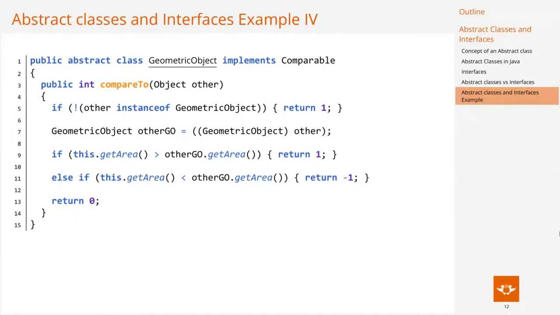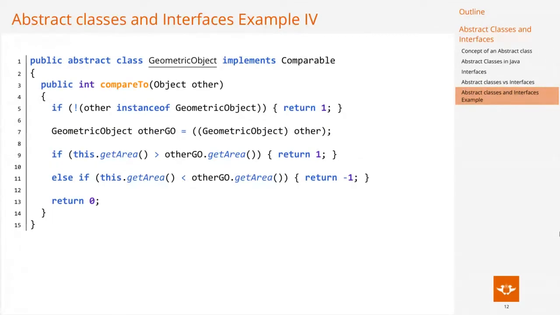If it's not, if it's a string, if it's an array, if it's a person, if it's a student, whatever else, if it's not a geometric object or a subclass of geometric object, we just return 1. We go after. That's all we indicate. You could return -1, that's also fine. You can't return 0 because we're not equal to that thing.